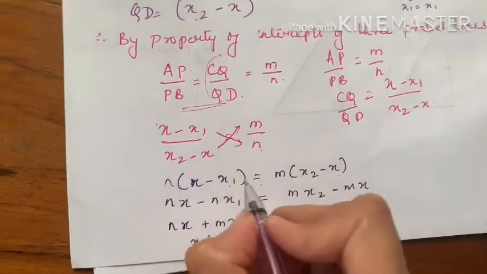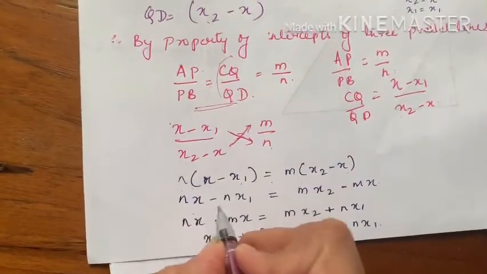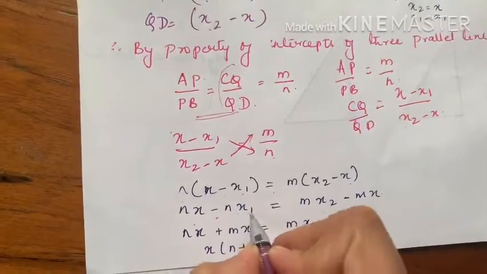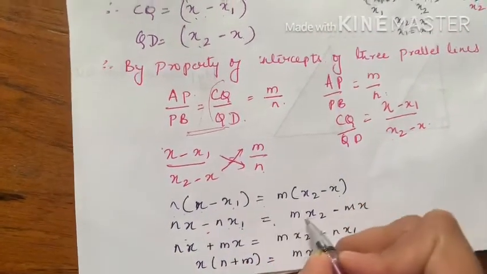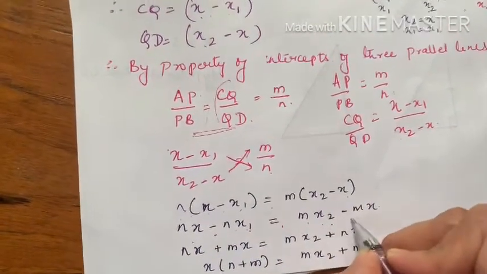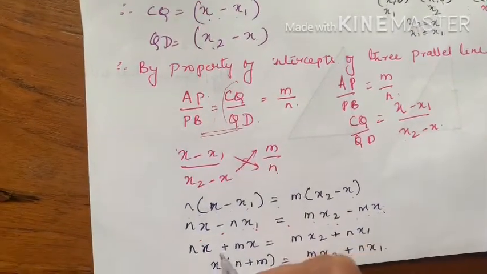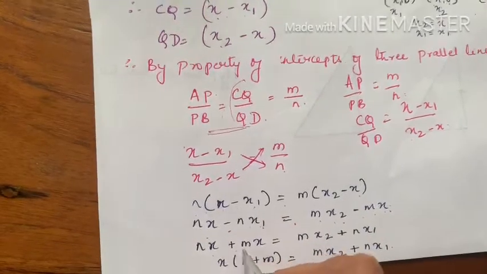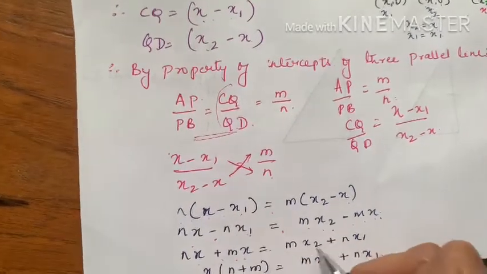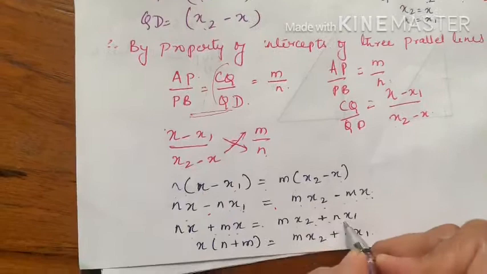Removing the brackets, nx minus nx1 is equal to mx2 minus mx. Getting all x terms together, nx plus mx equals mx2 plus nx1.